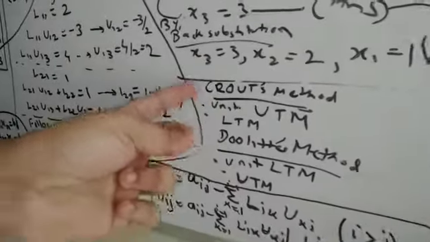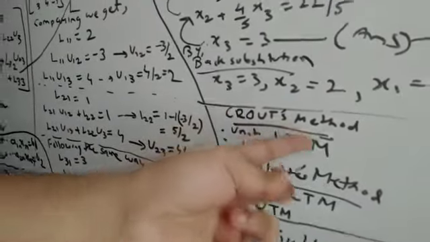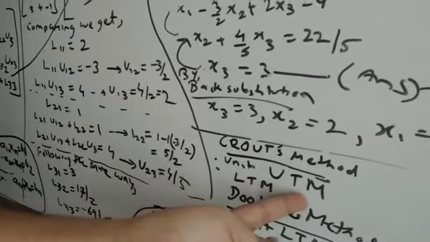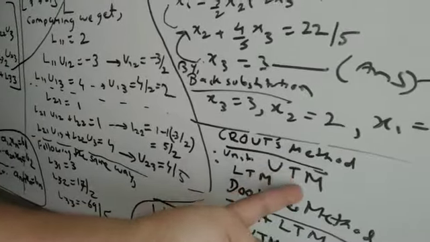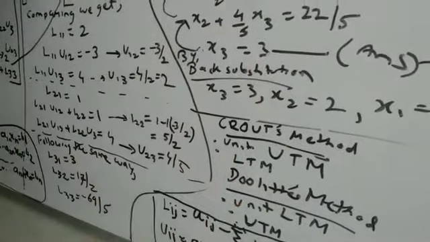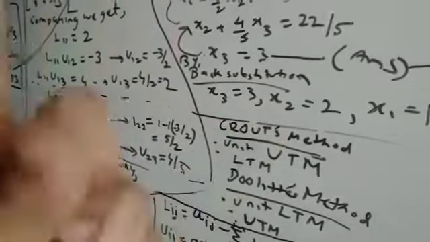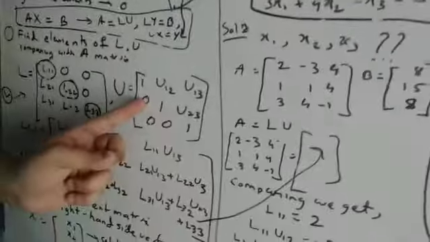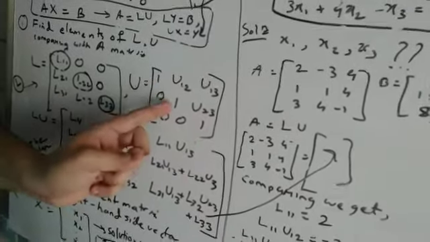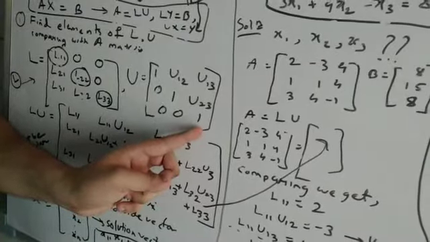Another thing, sometimes they will say Crout's method. What is Crout's method? See what I have written here, unit UTM. What is UTM? Upper triangular matrix, and unit means, remember, the diagonal elements should be 1, unity. So in this case, this is your upper triangular matrix, but the diagonal elements are 1. I told you I will explain this later.